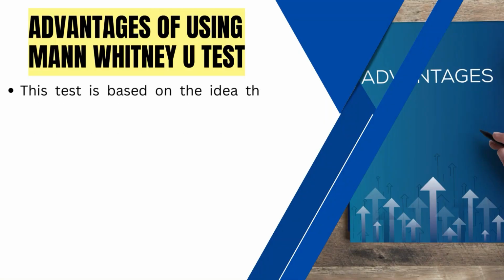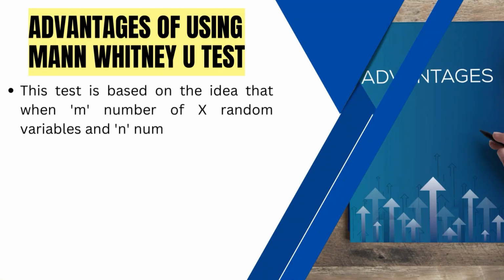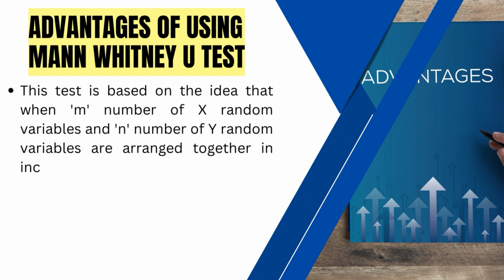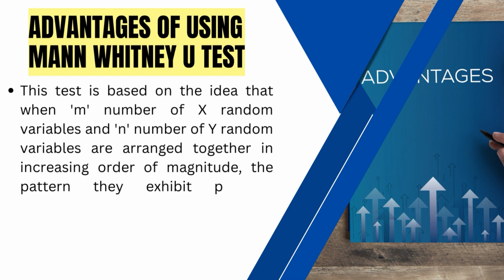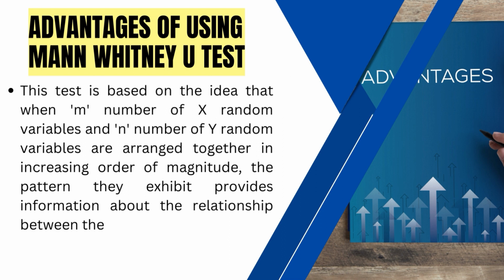And the fifth advantage is this test is based on the idea that when m number of x random variables and n number of y random variables are arranged together in increasing order of magnitude, the pattern they exhibit provides information about the relationship between their parent populations. So, these are the different advantages of using the Mann-Whitney U-test.